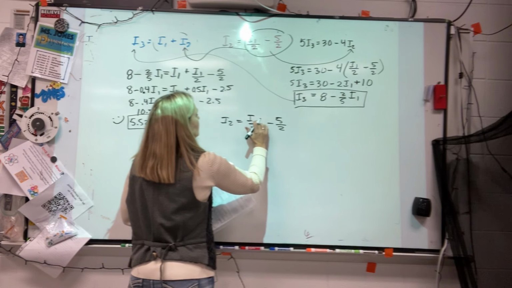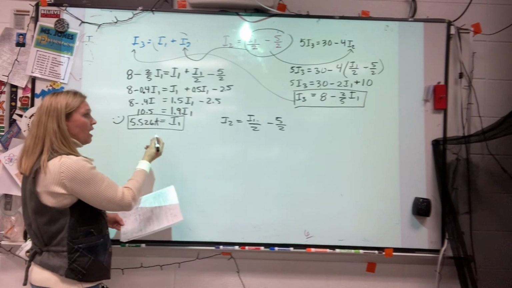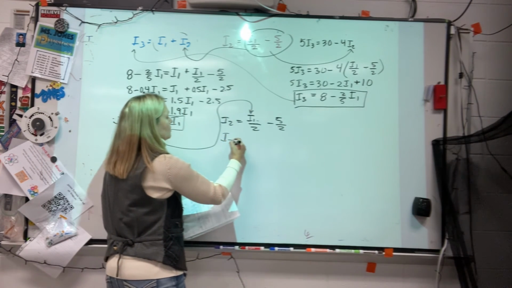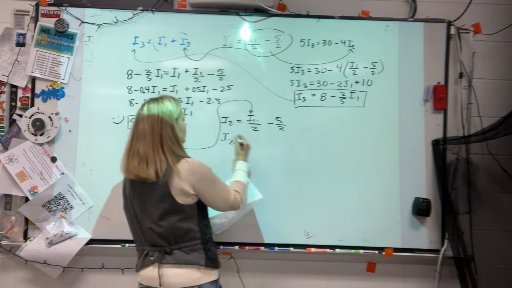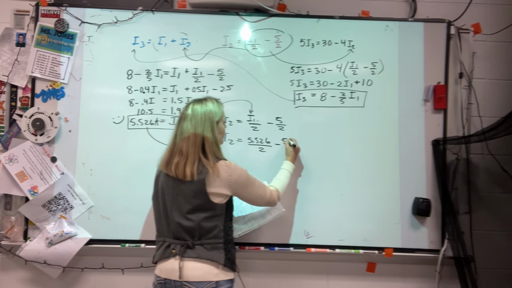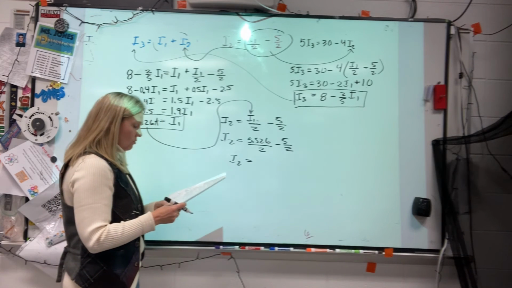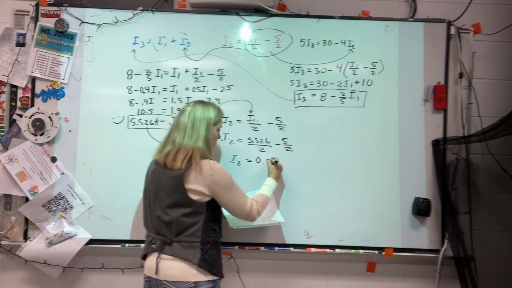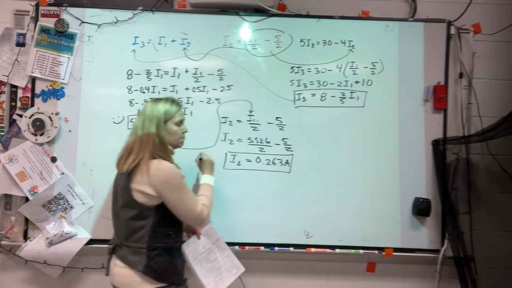Then can't I say, hey, I know I1. So I'm going to take that and put it there, 5.526 over 2 minus 5 over 2. And we can get real numbers: 0.263 amps.